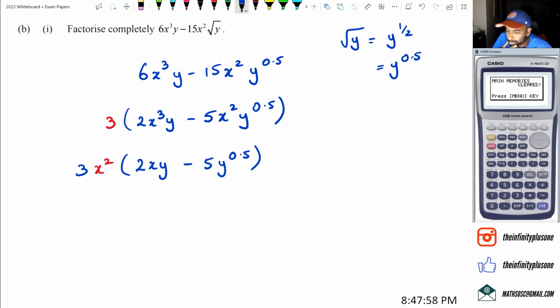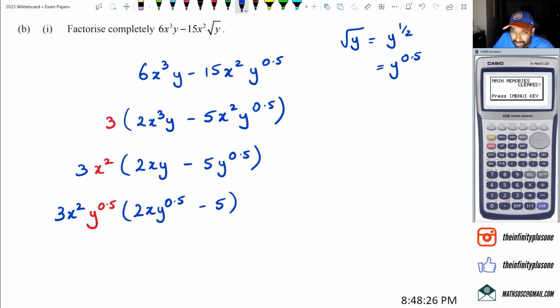I'm surprised that they haven't actually given one of the answers that I would have liked. I would have gone 3x squared, and I would have taken out y to the power of 0.5 as a common factor, which means you're going to end up with 2x y to the power of 0.5 minus 5.